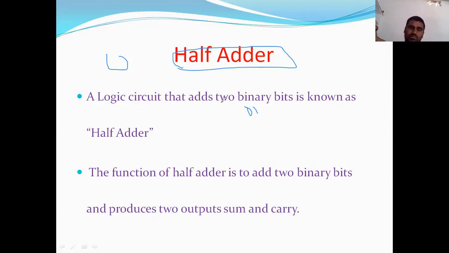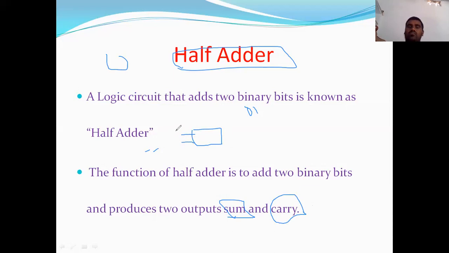The function of half adder is to add two binary bits and produce outputs sum and carry. So here we get sum as well as carry. We are giving two inputs for half adder and getting two outputs. So this is the block diagram of half adder, for example.